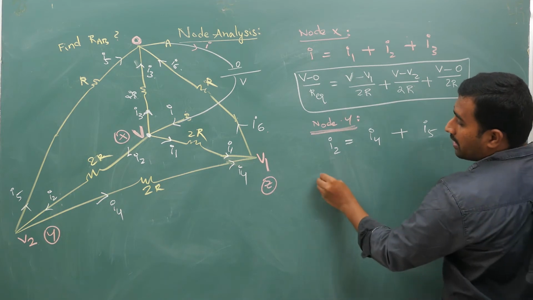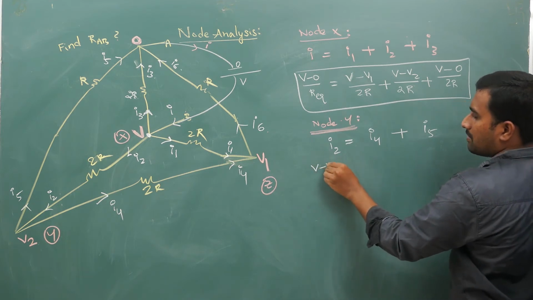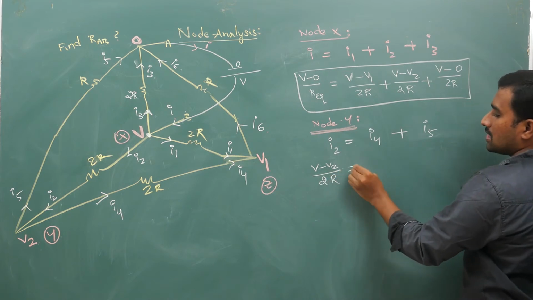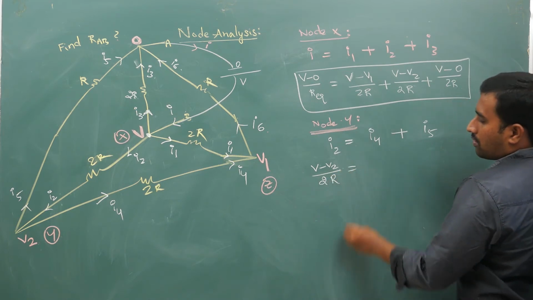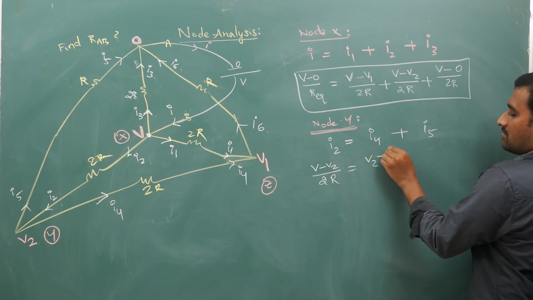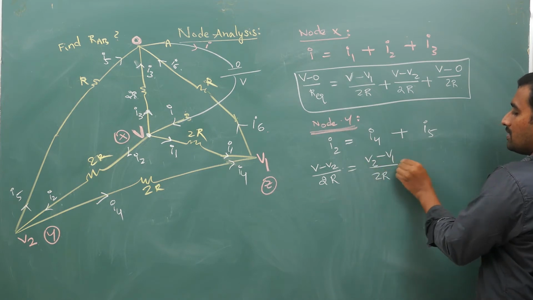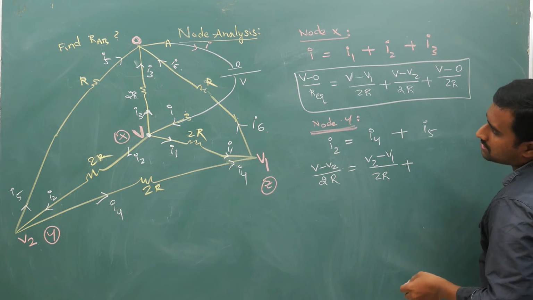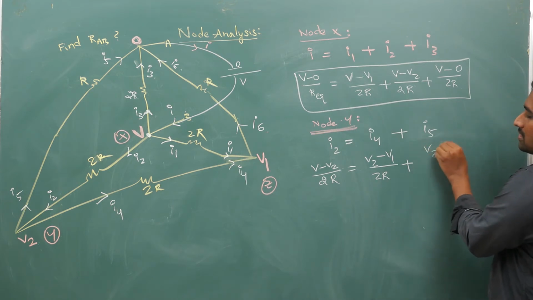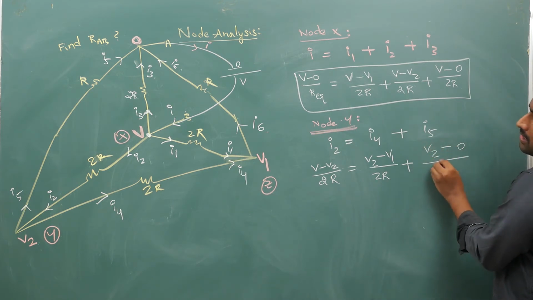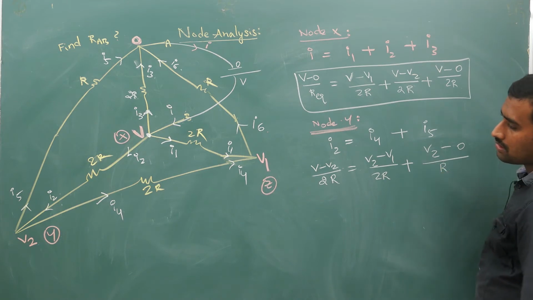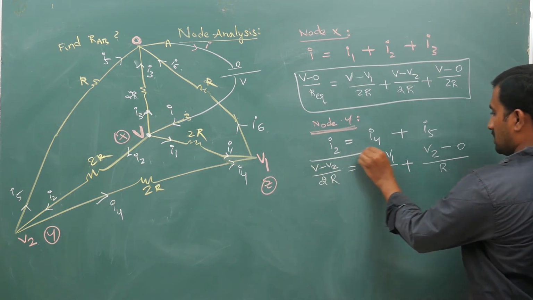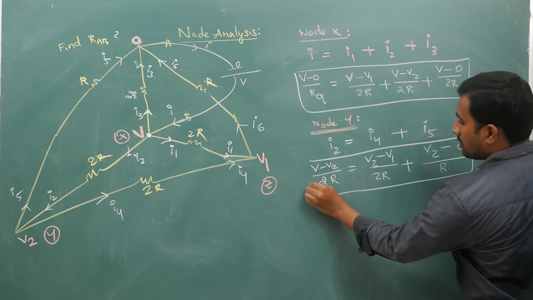So I2 can be written as V minus V2 by 2R is equal to I4, V2 minus V1 by 2R, plus I5. What is I5? V2 minus 0 by R. This is your second equation.